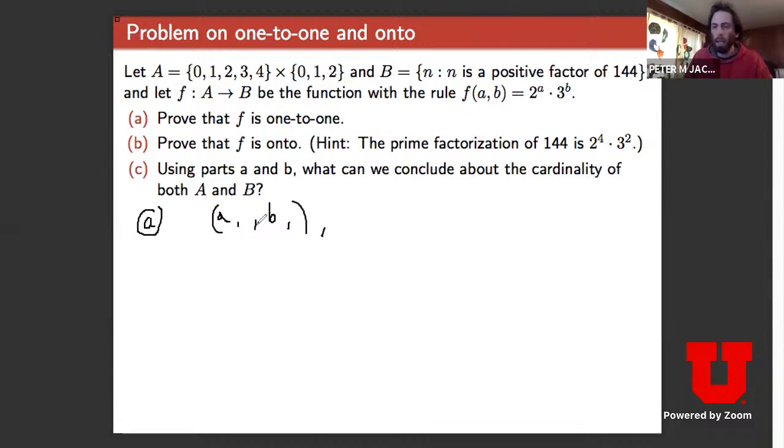So just writing down what Alec said. Instead of using a, b, c, and d, I'm just going to use a1, b1, and a2, b2.